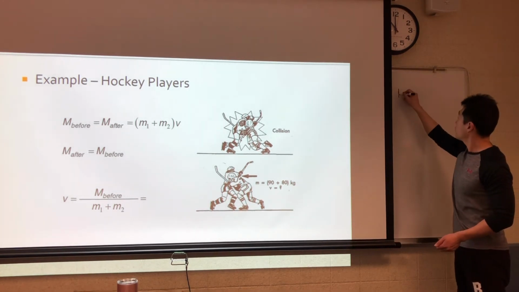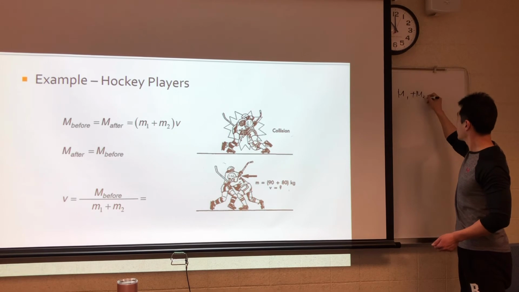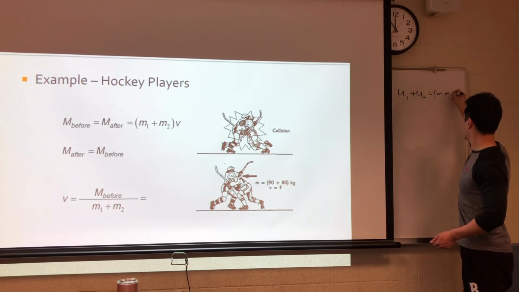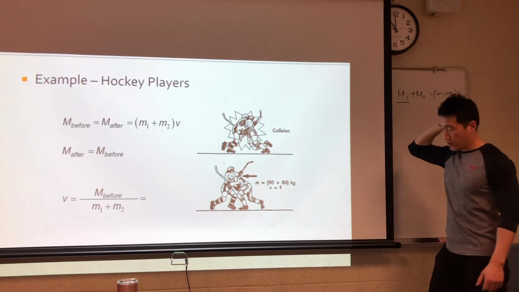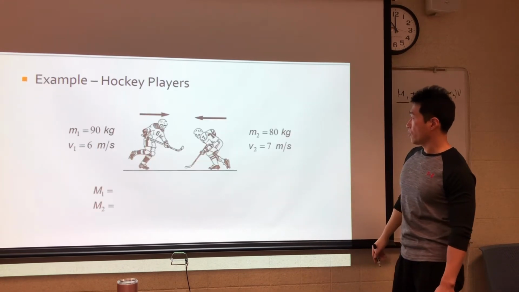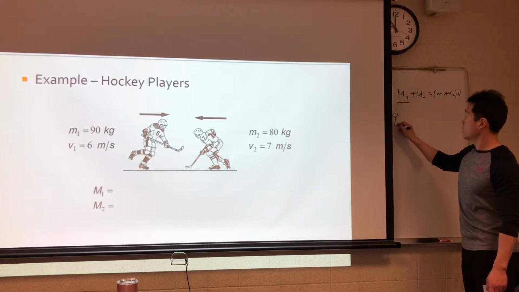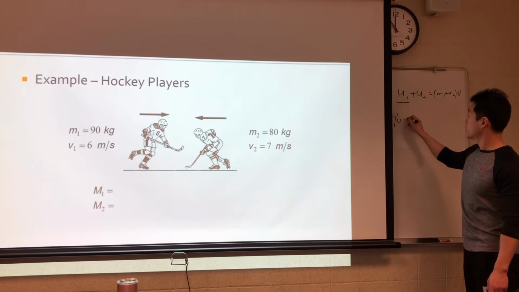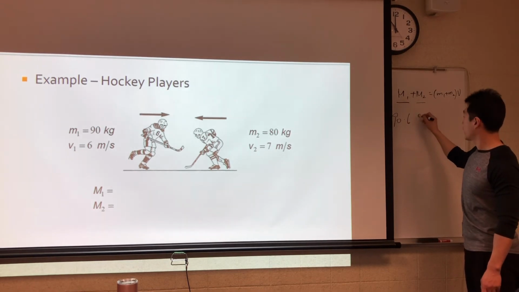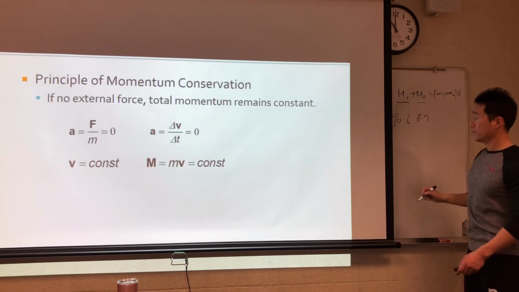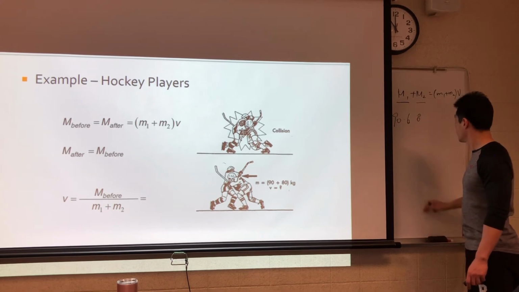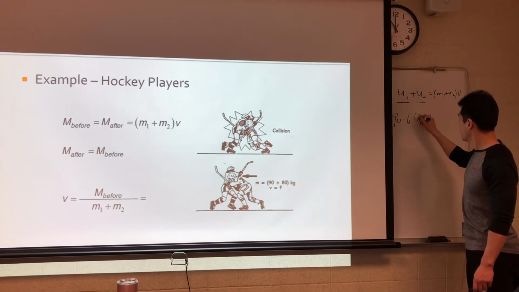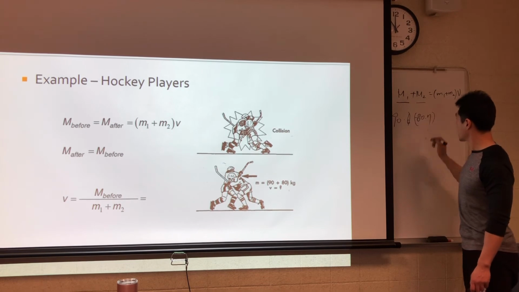So M1 times v1 plus M2 times v2 equals M1 plus M2 times V, right? So M1, his body mass, how much? His body mass was 90 times 6, and then this one is 80 times 7, right? Minus.